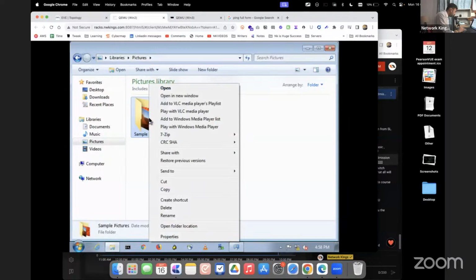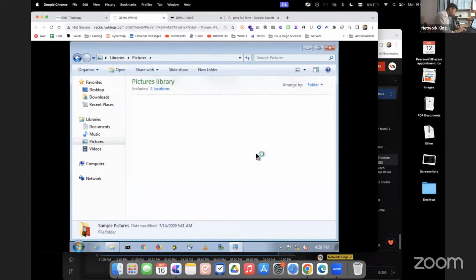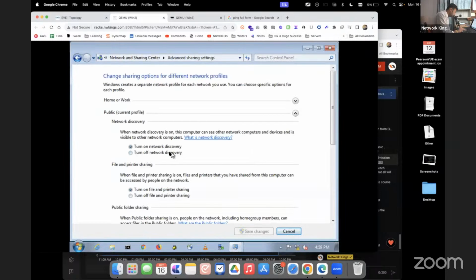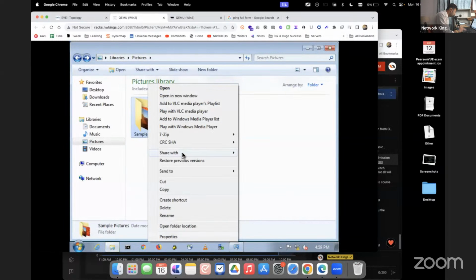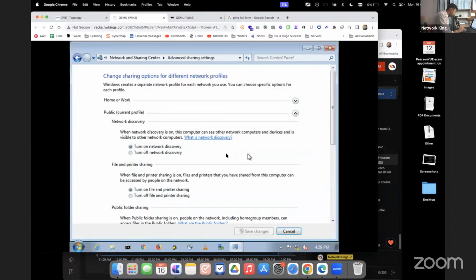I click here, share with advanced settings, turn on network discovery, all those things. Turn off password protected sharing for some time. So I just go here, share, advanced sharing again.